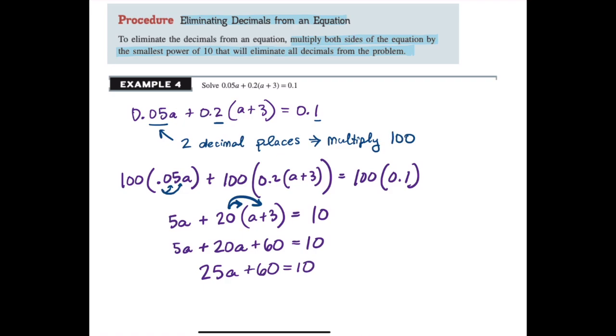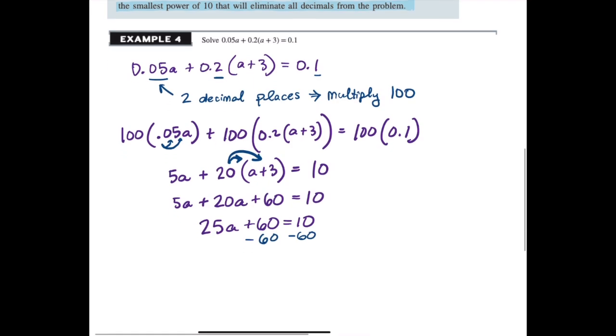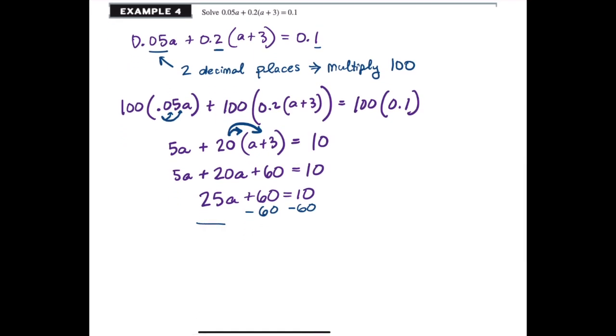Now I will subtract 60 from both sides. So it'll cancel on the left side. I'll just get my 25a.